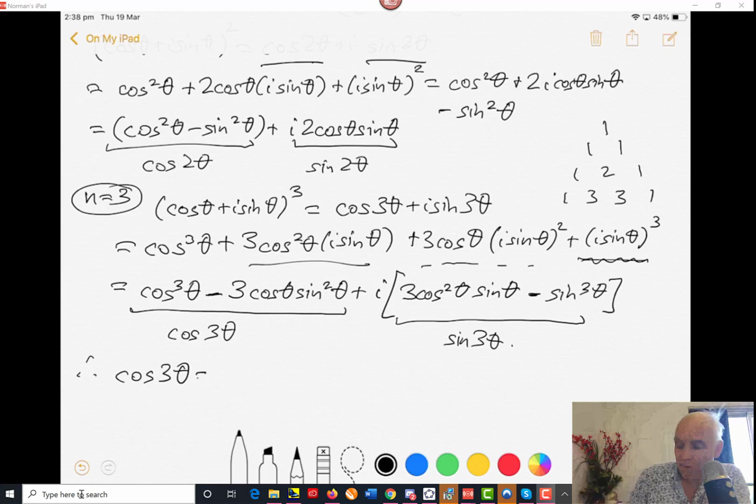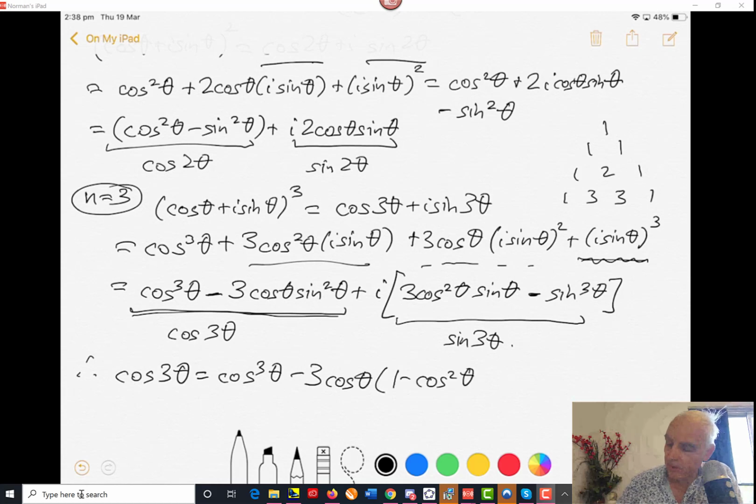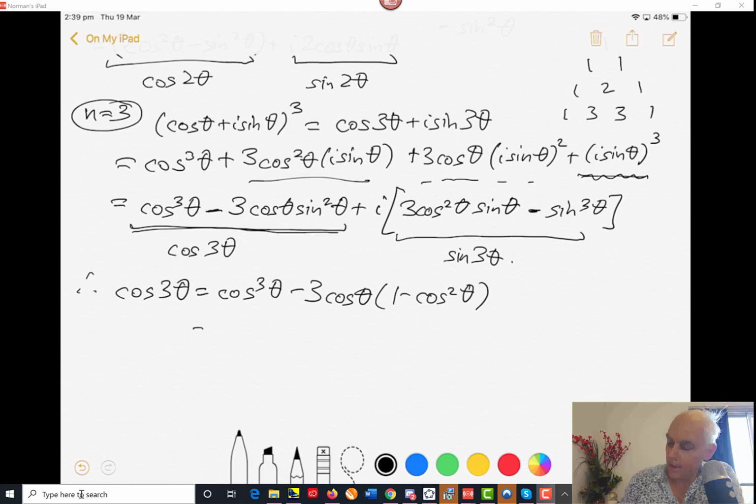This is a valid expression, but I want to write it a little bit differently because it's nice to get everything just in terms of cosine thetas in this case. So we can do that, of course, by replacing the sine squared with 1 minus cos squared theta. And when we do that, what do we get? We get a total of 4 cos cubed theta minus 3 cos theta.